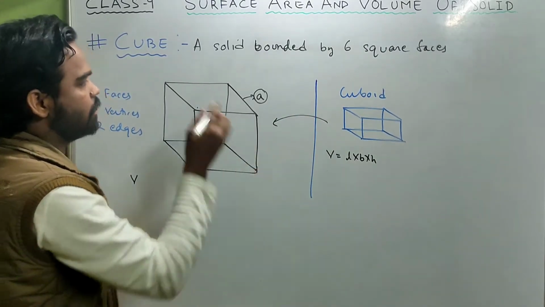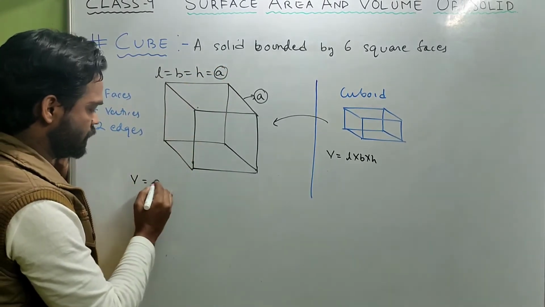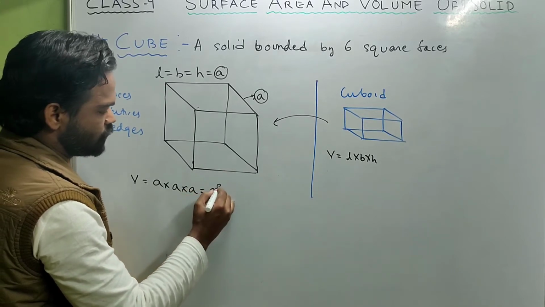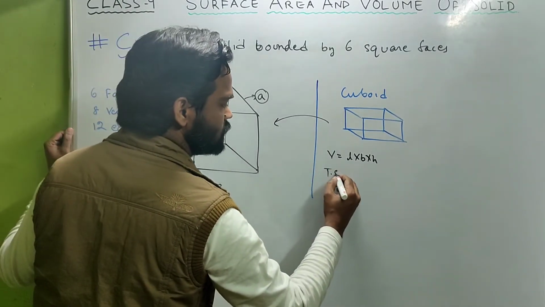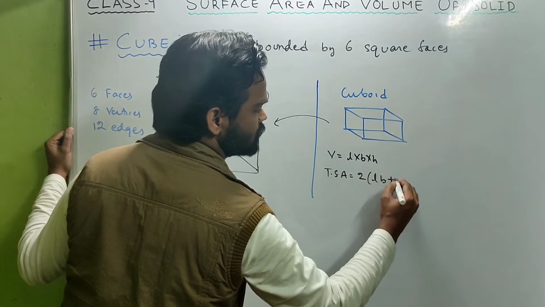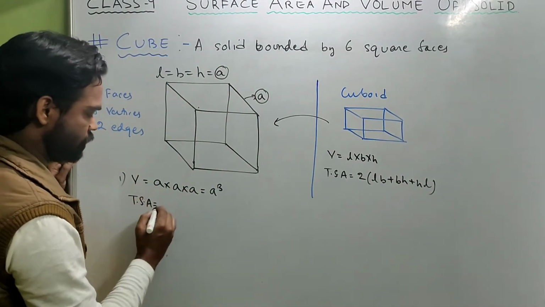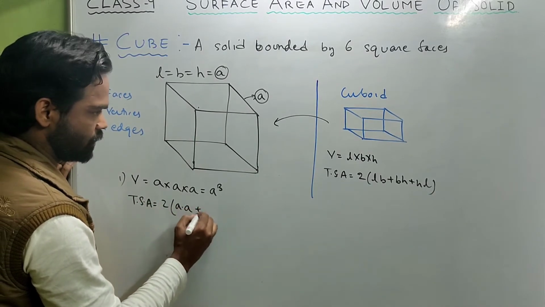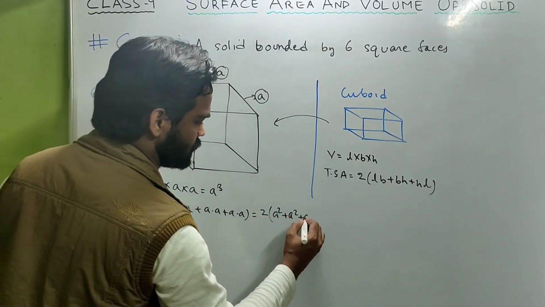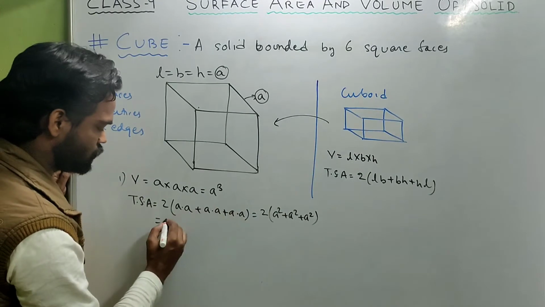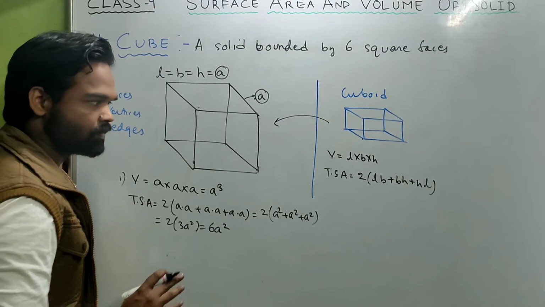The length, breadth and height become equal as A. So the volume will be A into A into A. That's A cube. Done. Isn't it? We just replace length, breadth and height with A. Now total surface area was twice LB plus BH plus HL. Again, total surface area will be twice A into A plus A into A plus A into A. That's twice A square plus A square plus A square. That's twice 3A square. That's 6A square. So the total surface area is 6A square, isn't it?